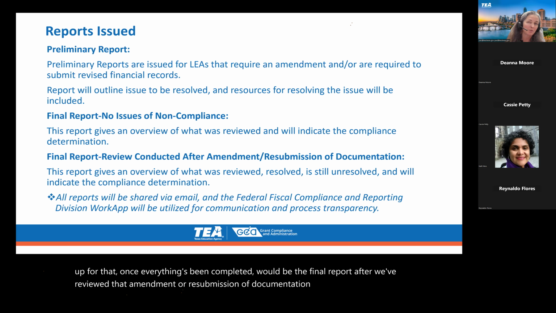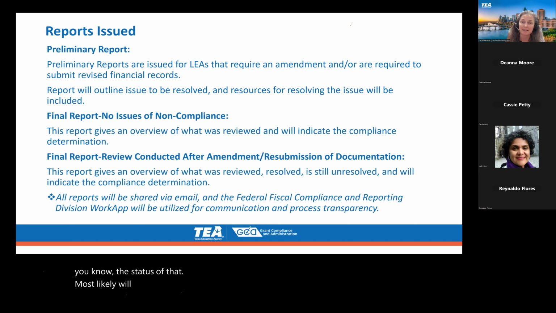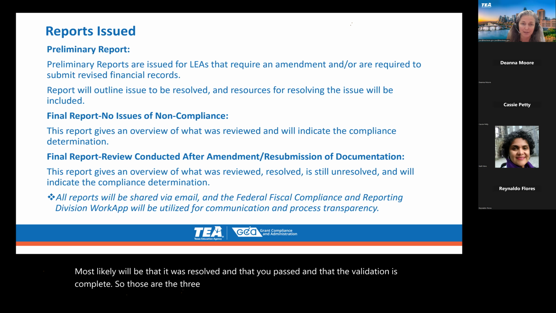It'll outline what the issue was that was initially reported to you, and it'll also have a summary report of the status of that, which most likely will be that it was resolved and that you passed and that the validation is complete. So those are the 3 types of reports that we'll be sending out as a part of our process.